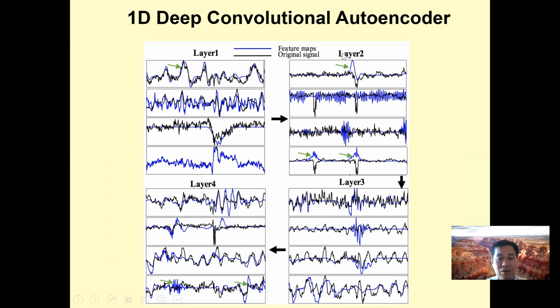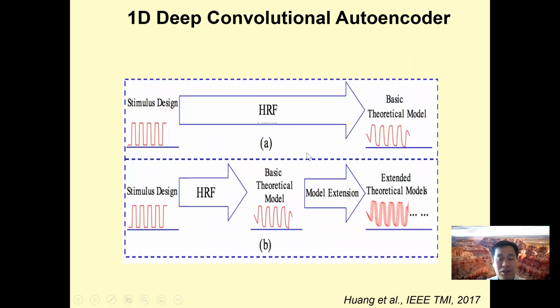So this is layer 1, layer 2, layer 3, layer 4. We can see the original time series and the feature maps reconstructed in the model are very similar. This gives us good confidence that the learned filters really mean something in terms of brain activity. But this is not the quantitative evaluation yet.